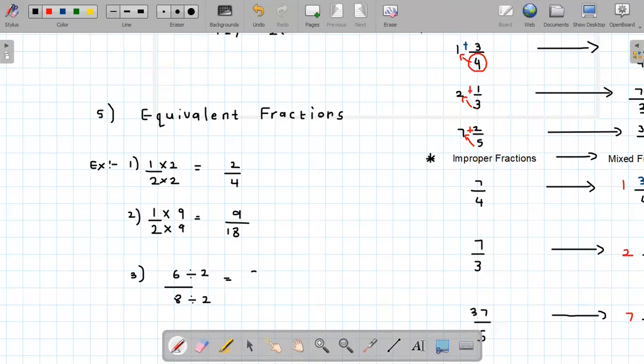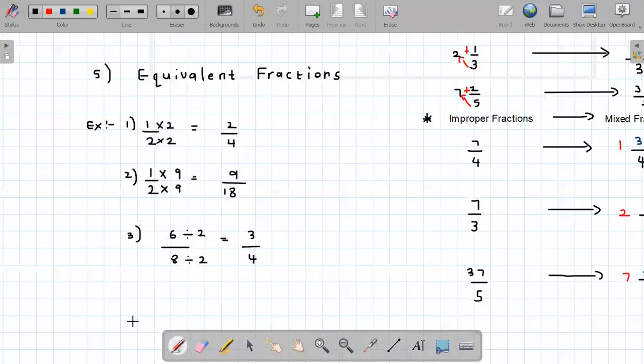6 divided by 2, 3, 8 divided by 2, 4, right? As you can see, 6 over 8 has an equivalent fraction called 3 over 4. The next one, 12 over 24. Now, you can take any kind of number. Here you can divide both the numerator and denominator by 2, by 3, by 4, by 6, or even by 12 also.